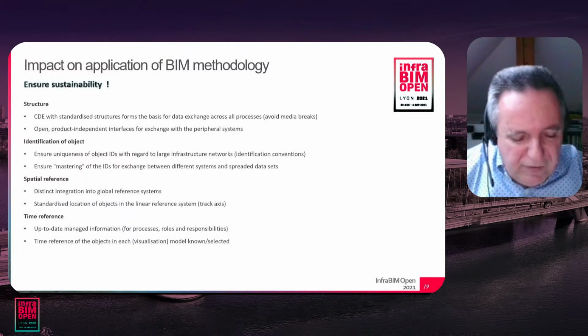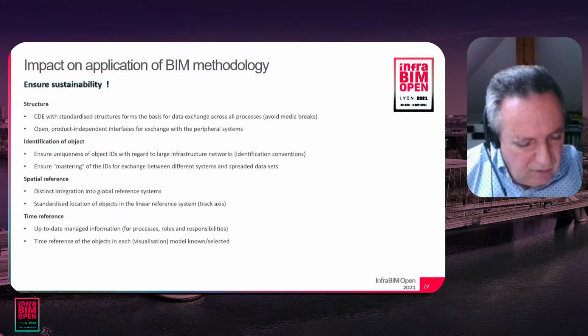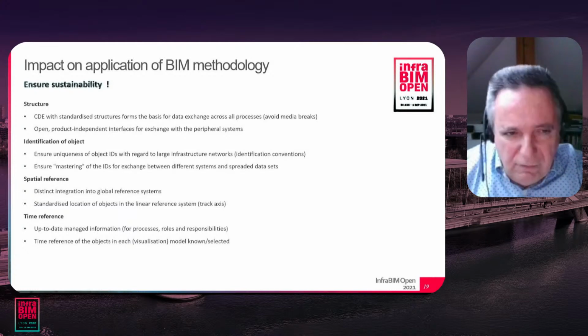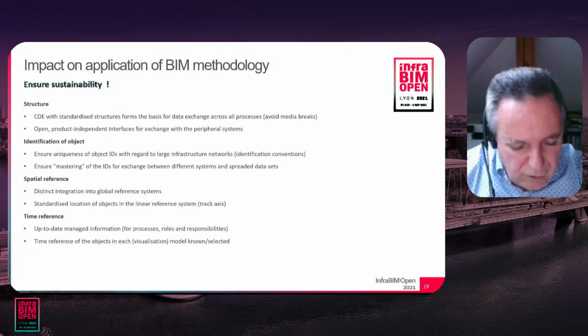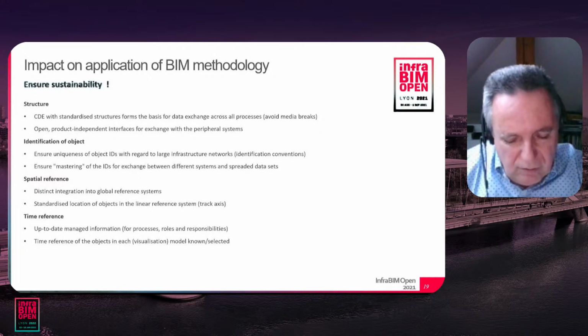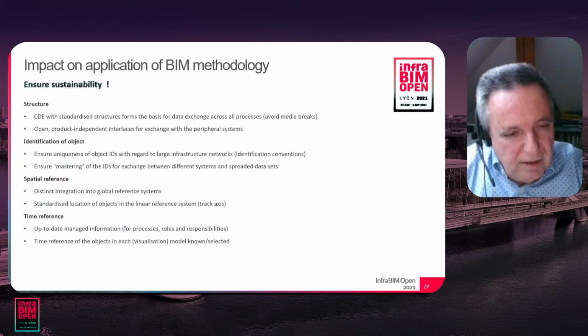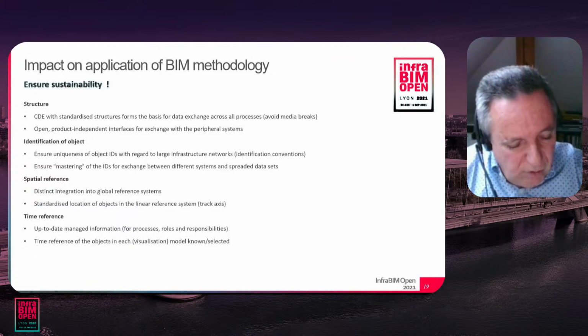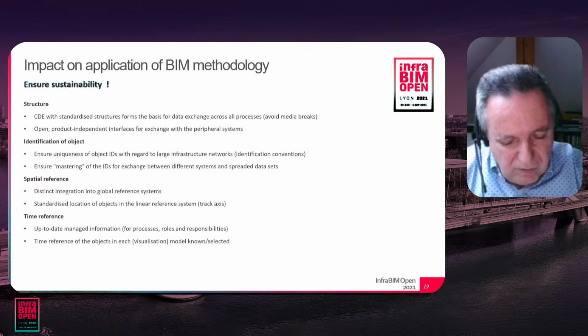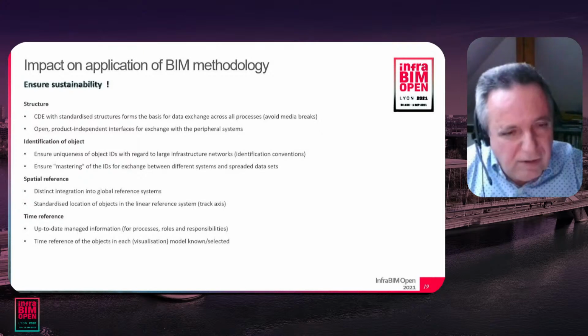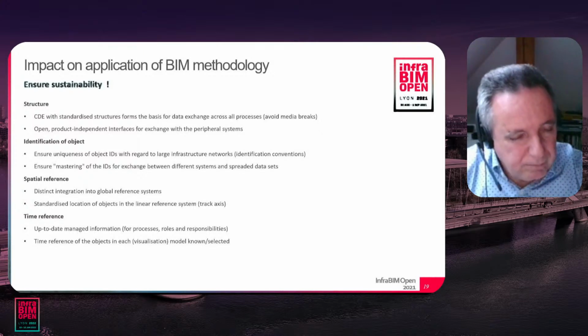For the identification of the objects, we have to ensure the uniqueness of the IDs, because in linear infrastructure, we have large infrastructure networks, right? And so for that we need to define some identification conventions. On the process side, we need to ensure the mastering of the IDs for the exchange between different systems, because we have a lot of spread data sets for that.